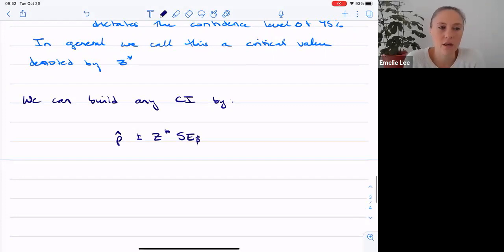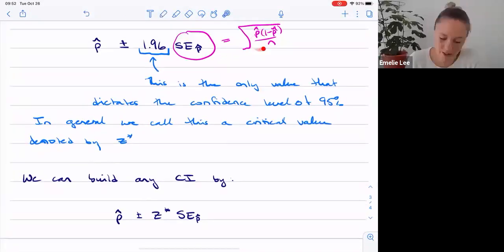Okay. So notice how I'm holding off on actually plugging in the value here, because I want to show that this is generic, right? We've got a point estimate plus minus some critical value times the standard error of that point estimate.